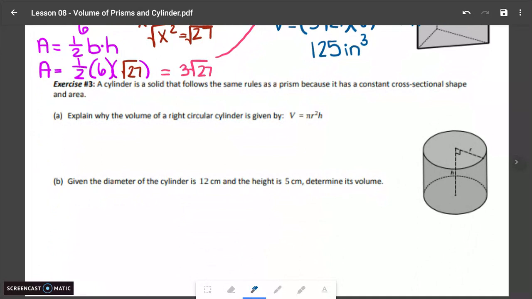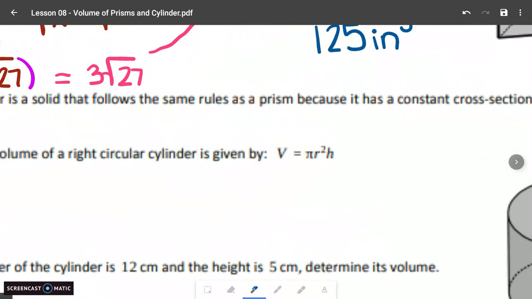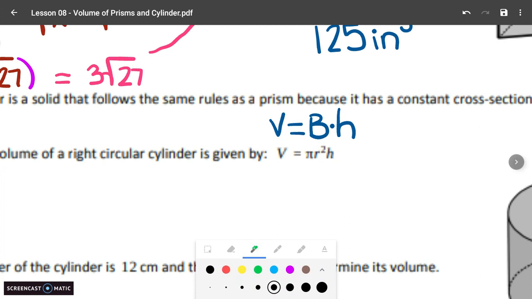Okay, now exercise 3, a cylinder is a solid that follows the same rules as a prism, but it is a constant cross-sectional shape and area. So explain why the volume of a right circular cylinder is volume equals pi r squared times h. Well, if I go back to the formula we've been developing here, volume is equal to capital B times h.